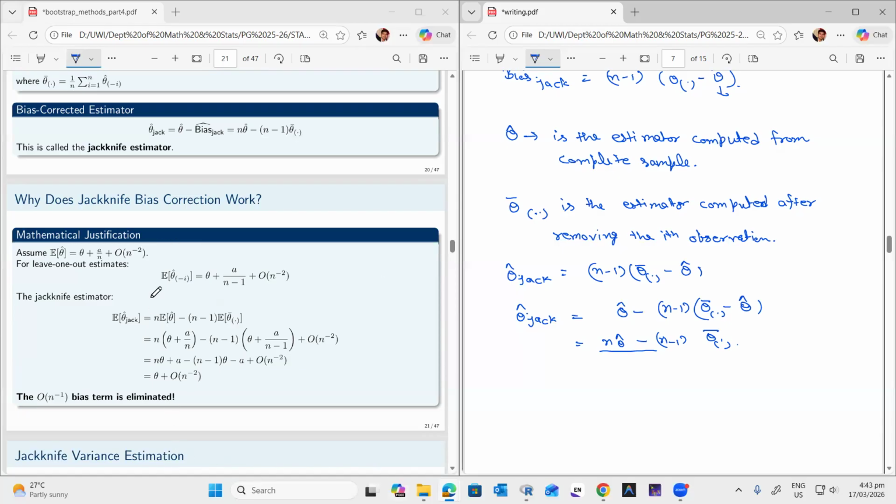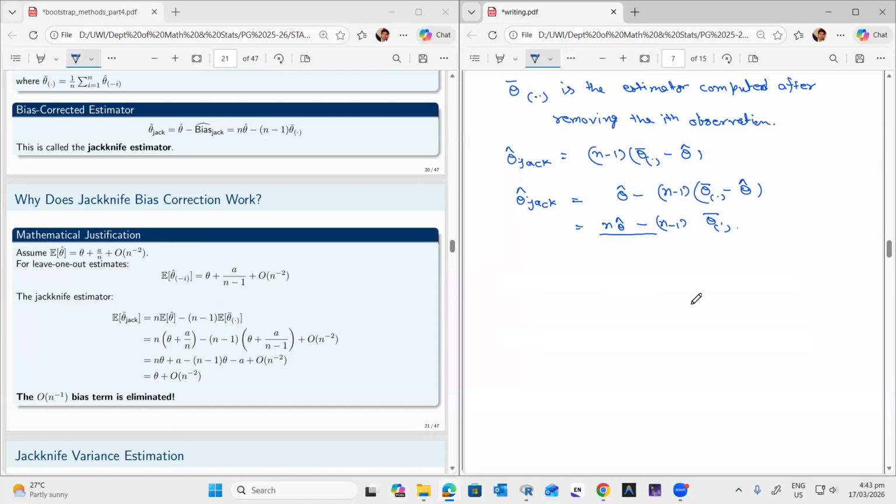So for leave one out estimates, what is there? Under the expansion of expected value of theta cap equals theta plus a upon n plus b upon n square and so on.